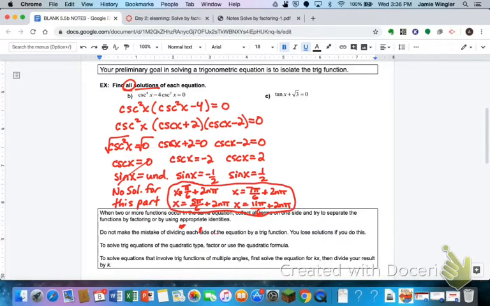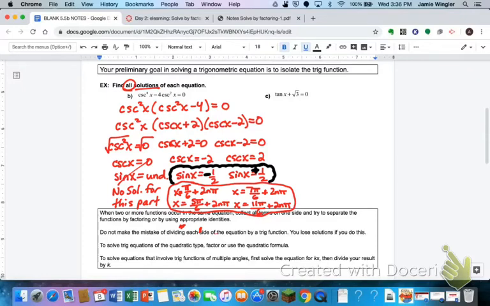These answers apply for both of these. I really didn't take into consideration each one individually. Since sine is negative 1/2 here and positive 1/2 here, I knew I was going to be in all 4 quadrants. So I went ahead and listed the sixths in all of those quadrants.